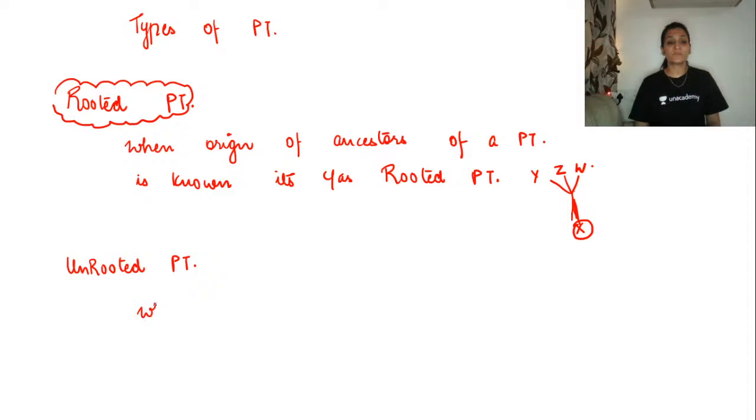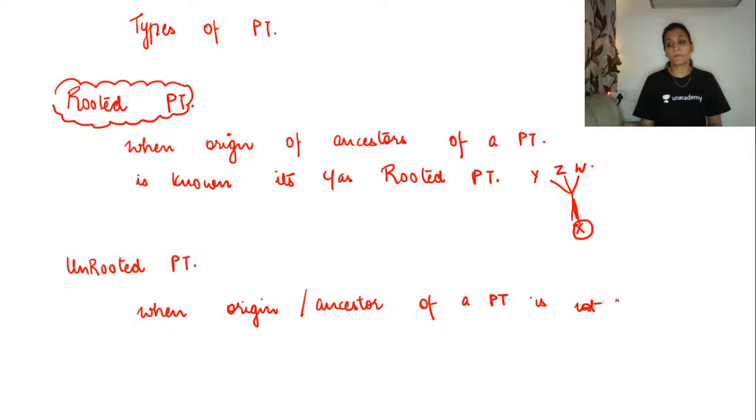So when the origin or ancestor of a phylogenetic tree is not known, it is called an unrooted phylogenetic tree.